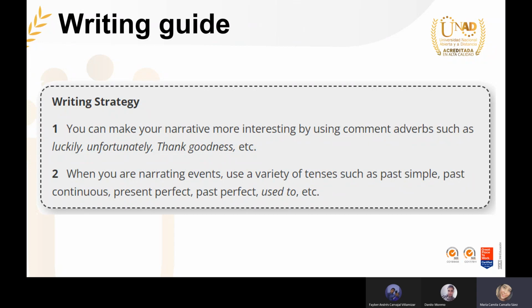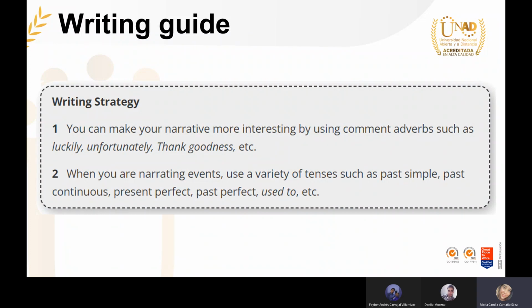And we have adverbs. Remember, when you are forming adverbs, maybe we have a noun or an adjective, and you have to add, at the end of the word, in many cases, L and Y. For example, unfortunate, you have to add L and Y at the end of the word to form unfortunately.